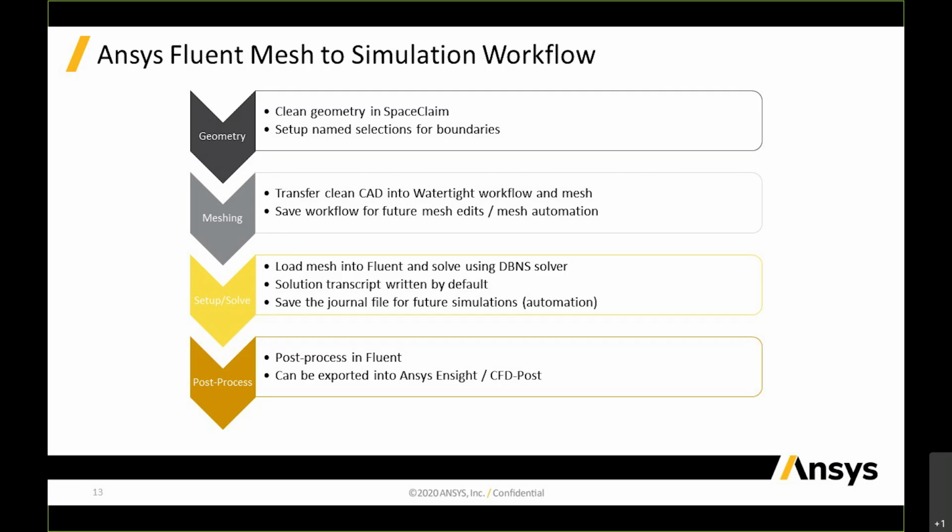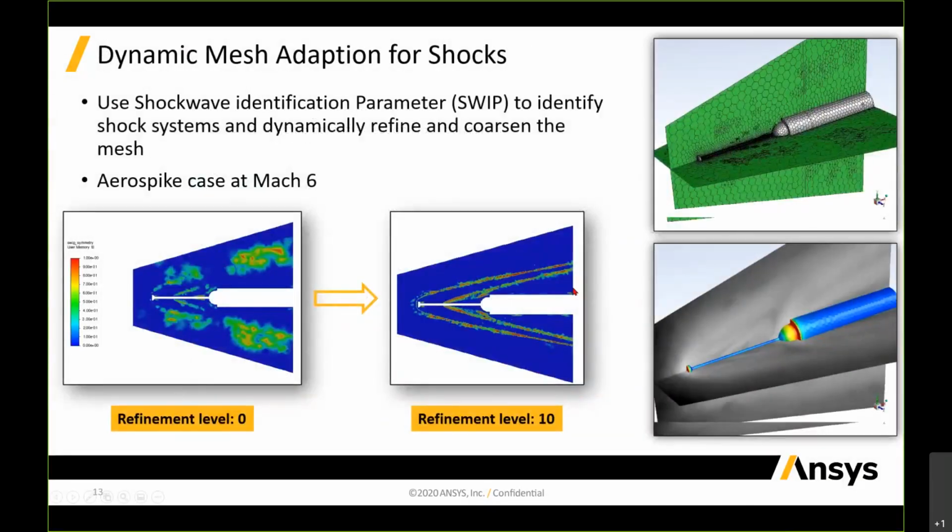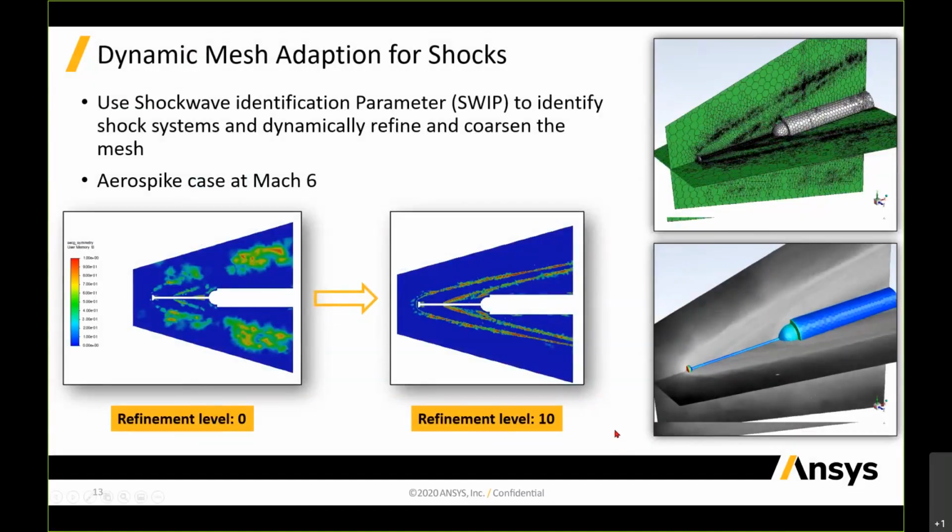Okay. Now, last slide. What I want to show here, because I feel this is very useful for all you folks in the aerospace community, is some additional capabilities which we have, focusing on dynamic mesh adaptation for capturing shocks. We have the capability to identify the shock layers in the solution and dynamically adapt the mesh to make it finer, specifically in those regions, so that the shock layer can be resolved accurately.